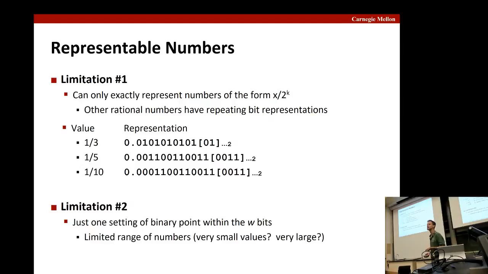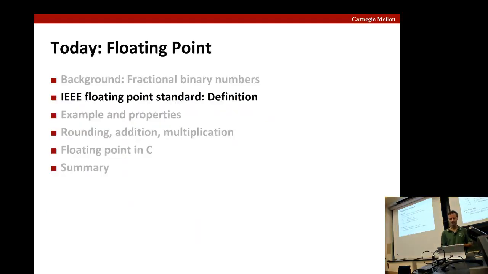The second limitation is that there's only one binary point amongst the bits, and wherever you put that binary point, that limits the range of numbers. So maybe you can get really large numbers or very small numbers, and we'll see how that plays out.